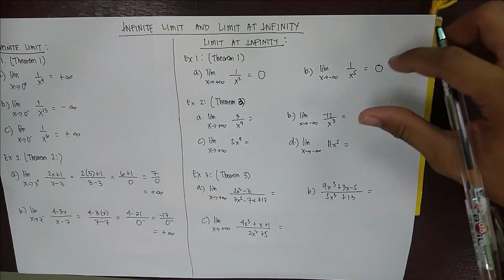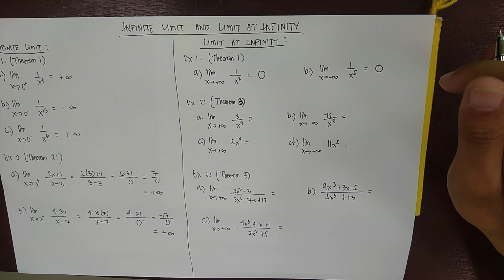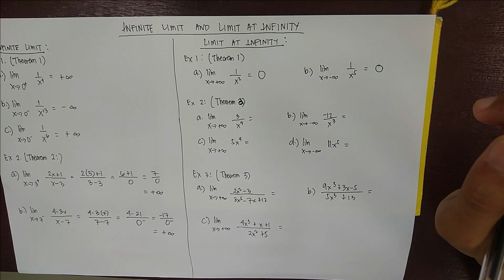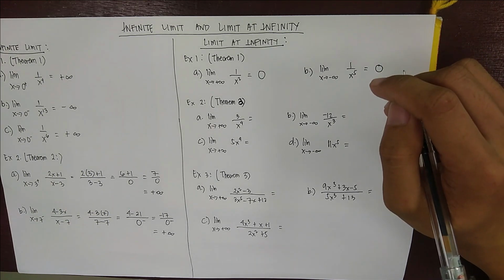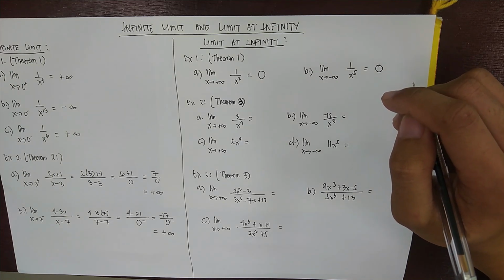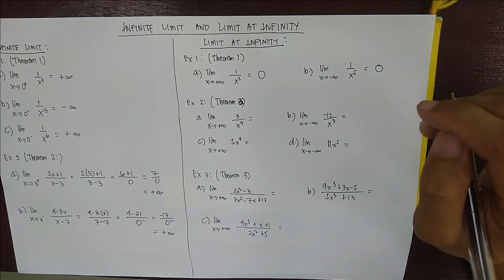Okay, very easy, right? Now let's move on to our second example. For this example, we will be applying the limit at infinity theorem number 2. For our first example, the limit of 3 over x to the power of 4 as x approaches positive infinity.